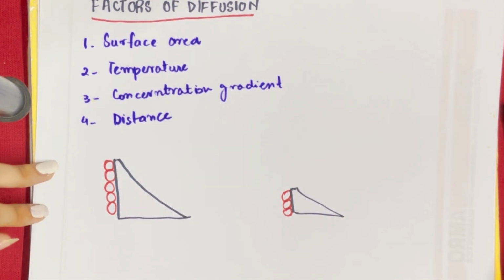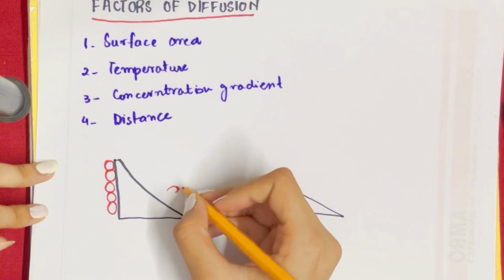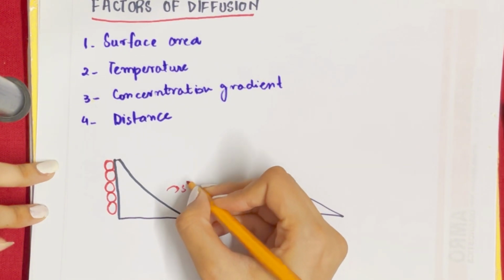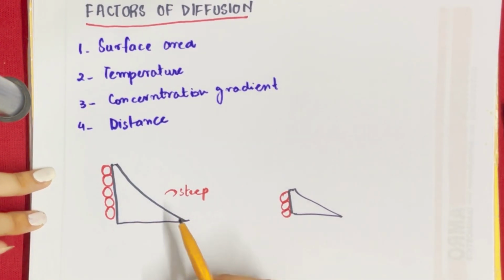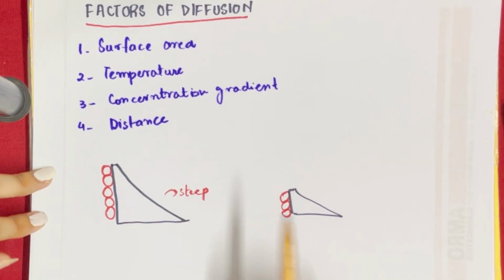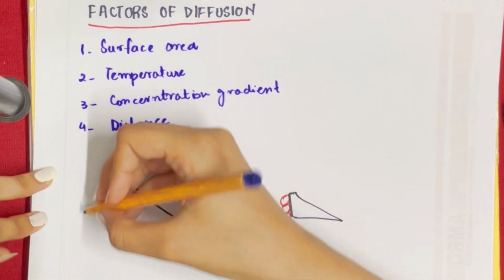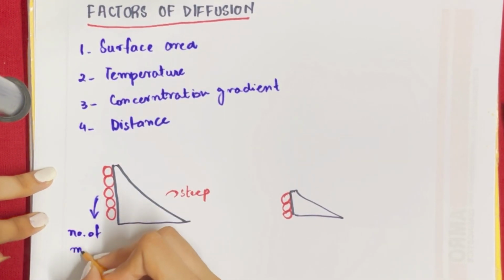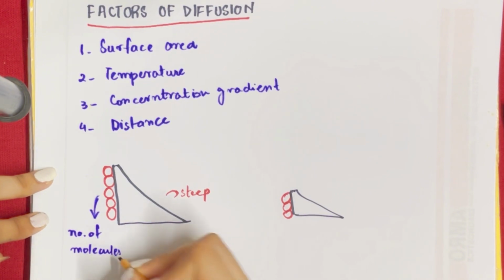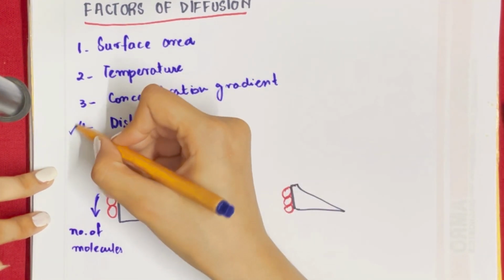This diagram, let's name it the steep, or this is also the steep. So we have the steeper side of the diagram, and this is the number of molecules that we have. Let's discuss the distance first.